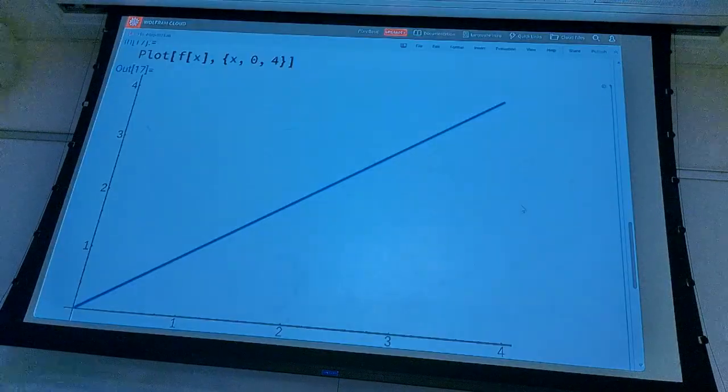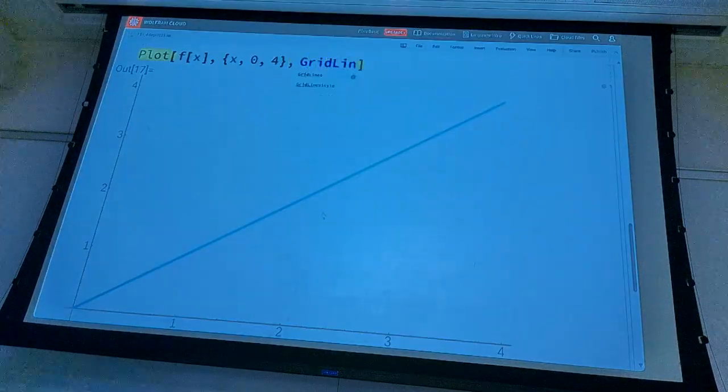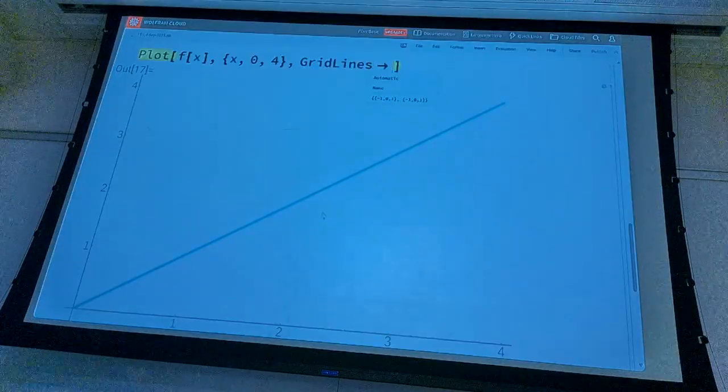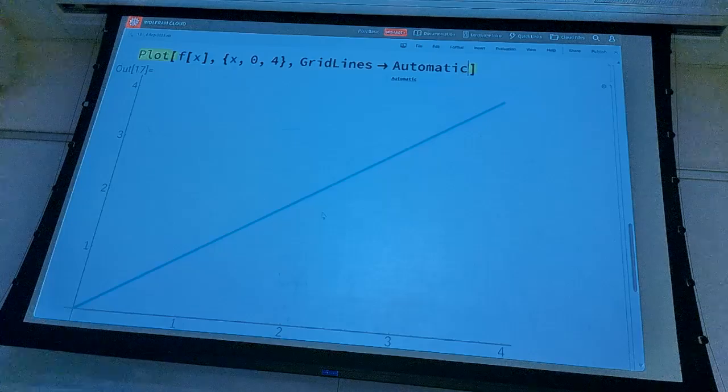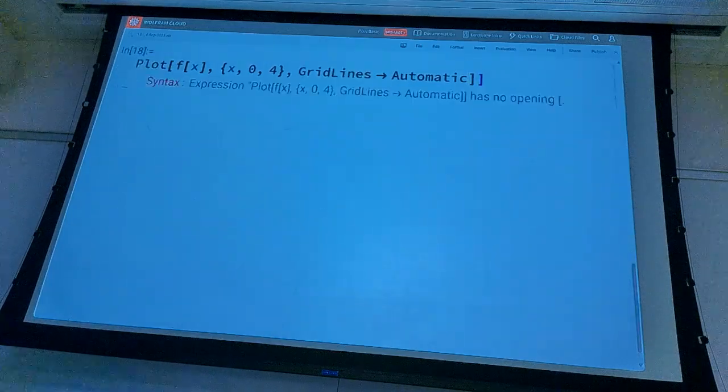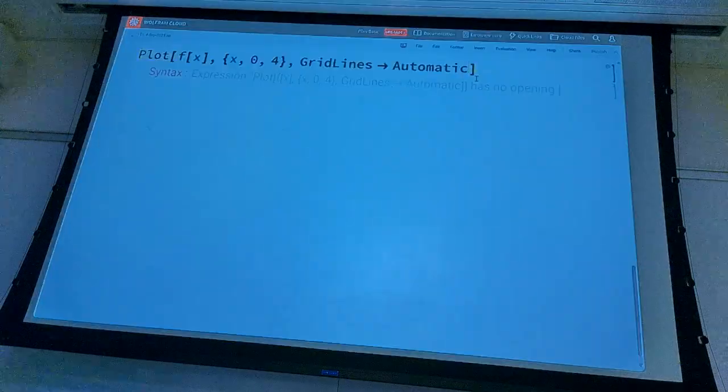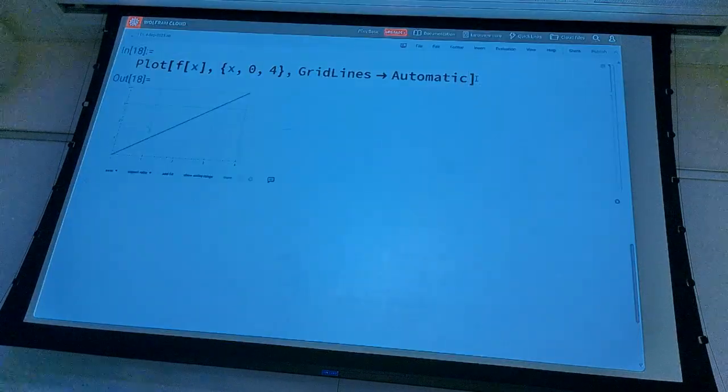Actually, there is something I do want to do. I want to put on grid lines. Maybe I'll just do automatic. See what that gives me. Oh, that's right. I'm used to the desktop version. Oh, that works. Except it shrunk it. I don't know why it shrunk it, but yeah.